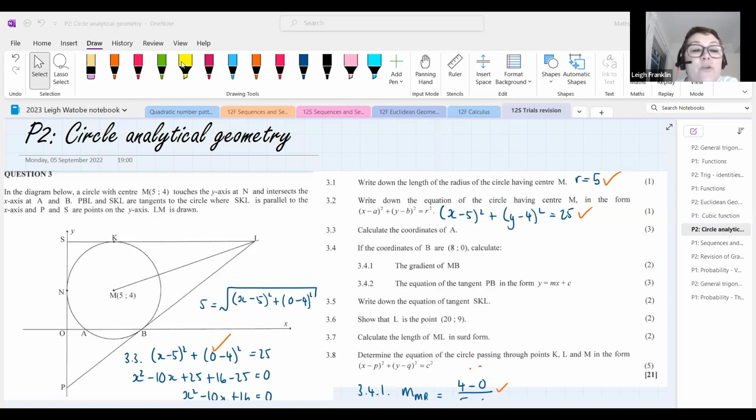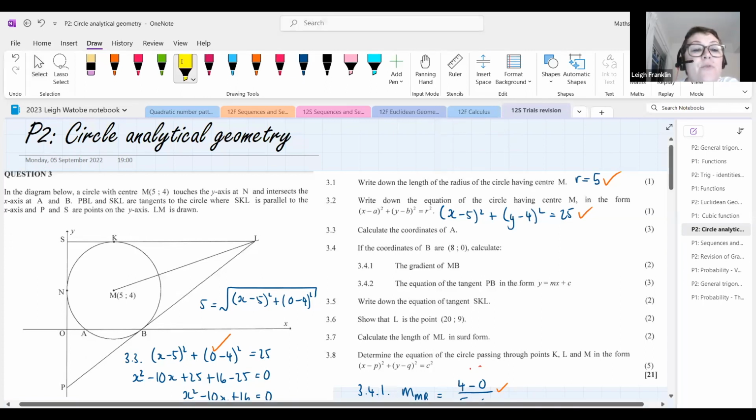I know it's difficult when it's not in front of you. Remember, SKL is parallel to the x-axis. Remember, they told us that in the beginning. So yes, Jamie, you are right. The gradient of SKL is 0. So we don't need to find it in the form y equals mx plus c.